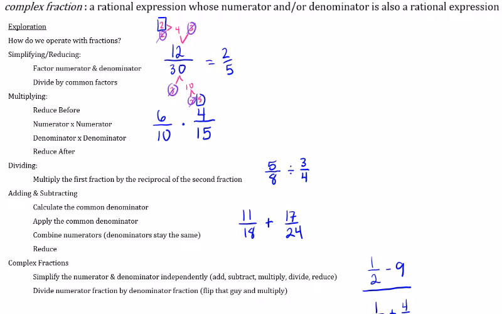Okay, so now multiplying. With multiplying, we can reduce before and or after. So if anything on top reduces with anything on the bottom, you can do that. You can cross cancel or vertically cancel when you're multiplying. Like here, for example, 6 over 10, I can reduce that to 3 over 5 by dividing by 2.